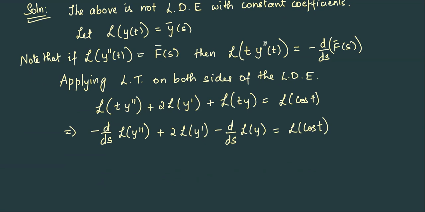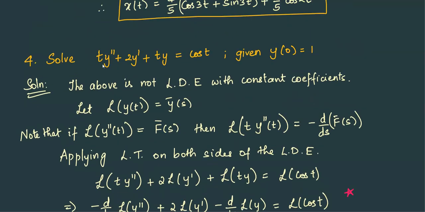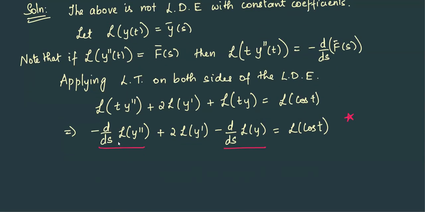So this is the key step of this problem, because here in the equation there was multiplication with t. Now if there was t square or t cube, then the derivative will be twice, thrice, and so on.